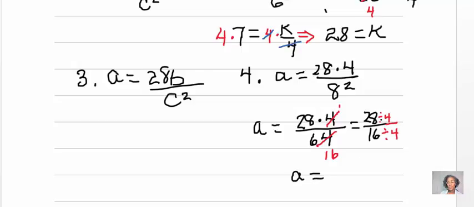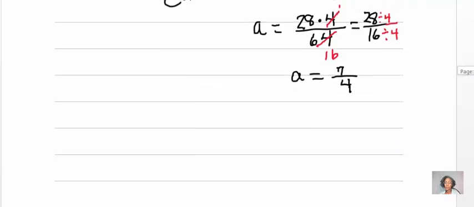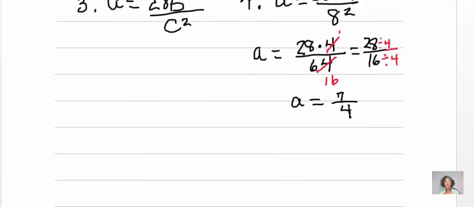So A is 28 divided by 4, which is 7, over 16 divided by 4, which is 4. So A is 7 over 4. And that's 1.75 if you want to write it as a decimal. But it's sufficient to leave it in this form.